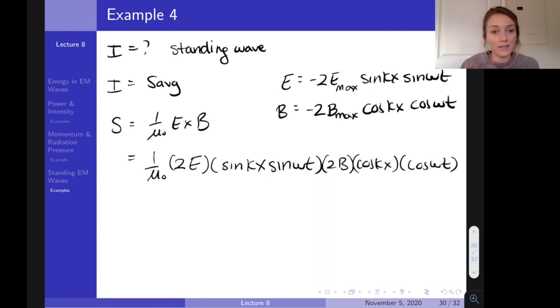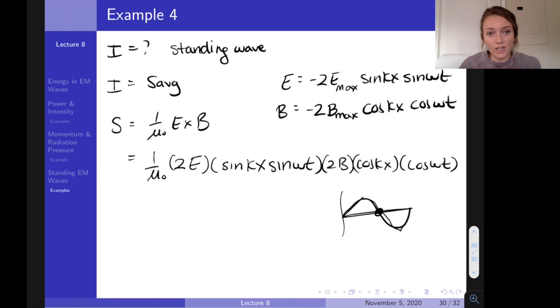So now we want to find the average value of the Poynting vector. This is our Poynting vector at a specific moment in time. For the average value, we're going to take the time average, which means what's the average value of these trig functions over a whole cycle? Well, if you draw one out, let's look at sine. If you average this out over a whole cycle, the average is just going to be 0, because it goes up to +1 and then it goes down to -1.